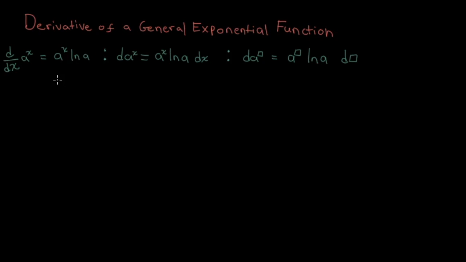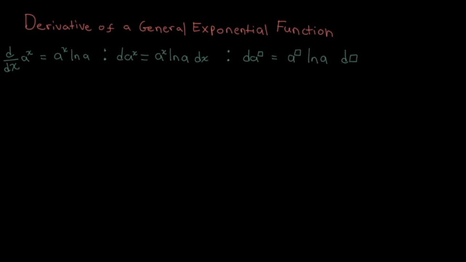But perhaps a better way of looking at it is the derivative of a to the x is equal to a to the x ln a times the derivative of x times dx, or an even more all-encompassing way of looking at it is the derivative of a to whatever is in the exponent is a to the exponent times ln a times the derivative of the exponent.